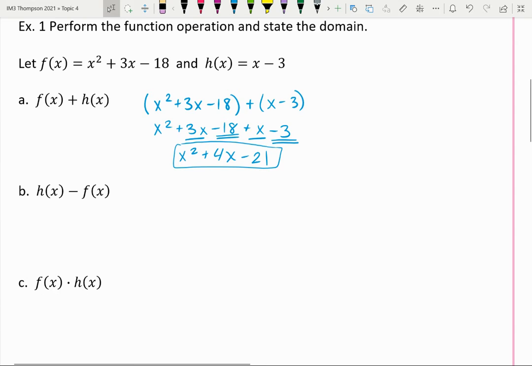Since this problem doesn't have any variables in a denominator, it's not going to create any exceptions for values of the domain. So my domain will just be all real numbers.